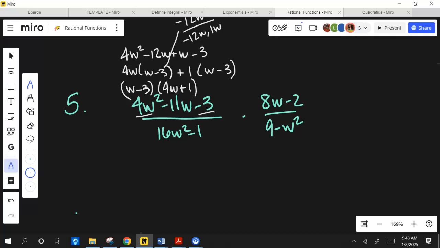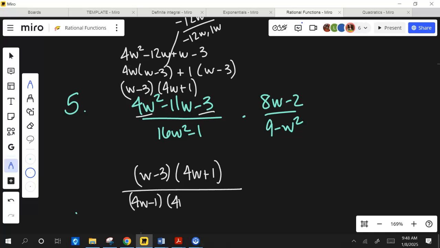All right, so all I've done is the top of the first fraction now, just factoring. So I've got w minus 3 times 4w plus 1. Now look at the bottom of the first fraction. What do you notice? Difference of squares. 4w minus 1, 4w plus 1.